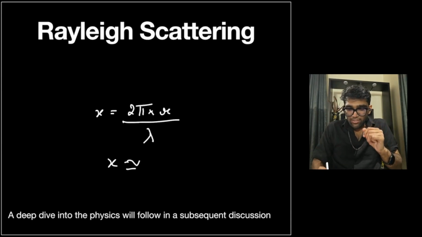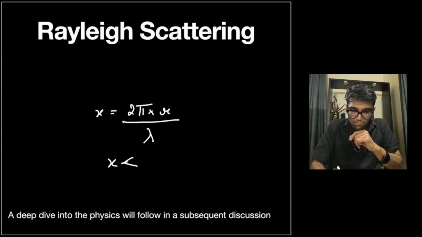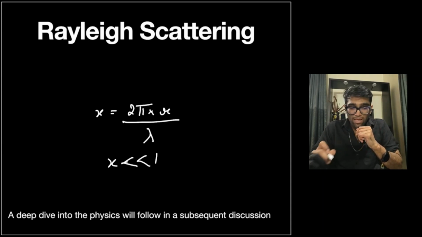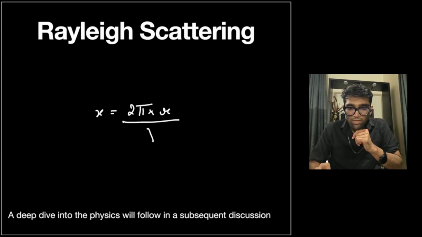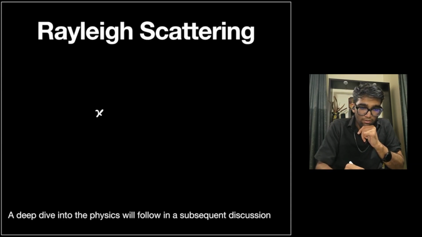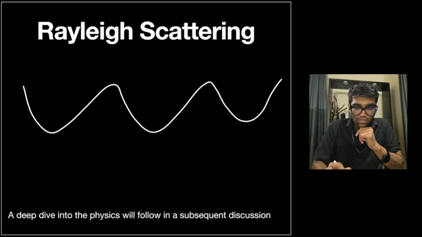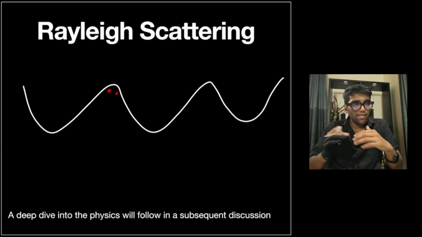What I'm interested in, however, is when x is much smaller than 1. At that point we get the phenomenon of Rayleigh scattering. So what ends up happening is, this is your wavelength. You've got small particles, these may be atoms or molecules, but these are independent particles that can move independently of each other.